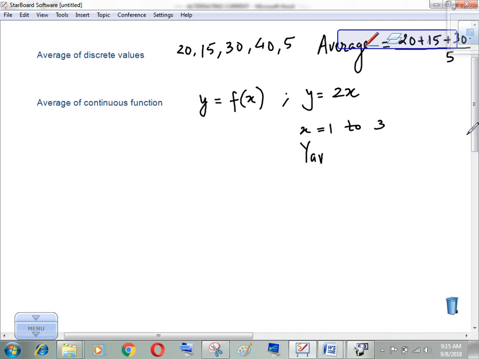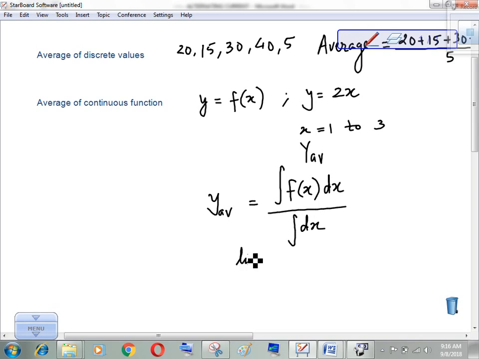Now how to find average of continuous function? This is basically mathematical. We will say that average value of y will be, this is mathematical way of writing the expression. And we'll put the limits, in the range for which we have to find the average value.